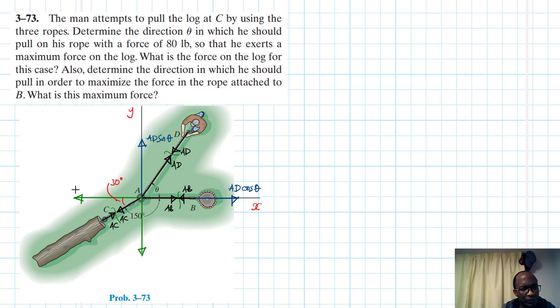And this one is AC cos 30, this one is AC sin 30. Of course, our reference is A, which is 0, 0, 0.